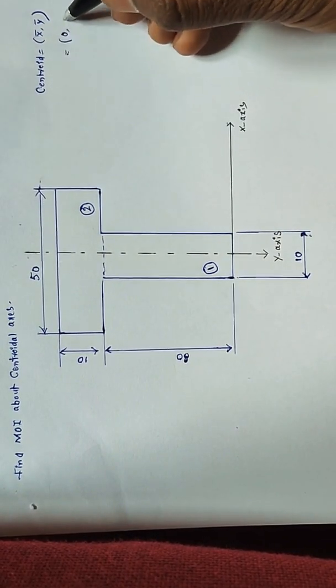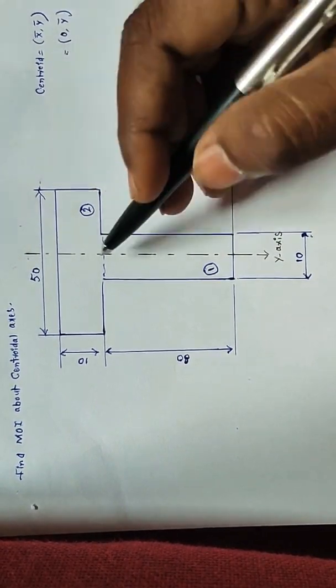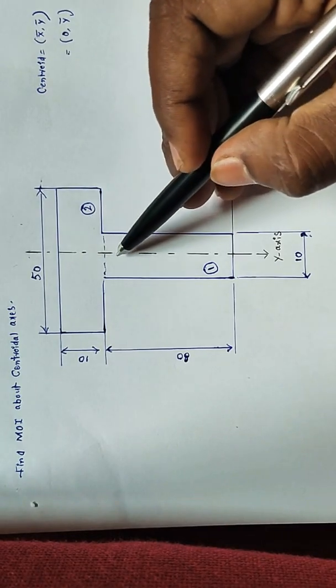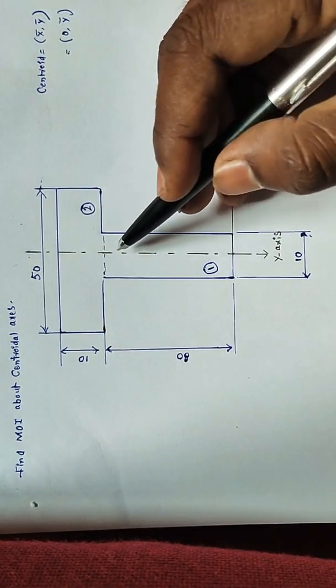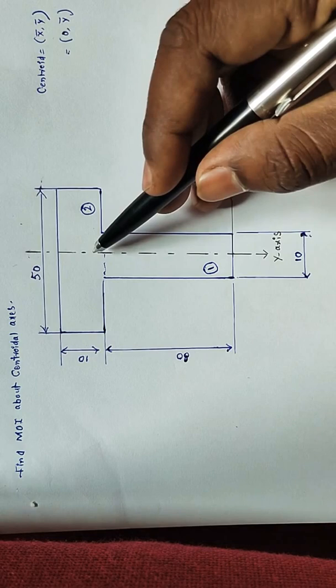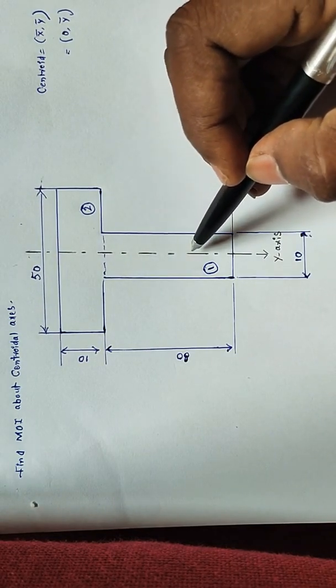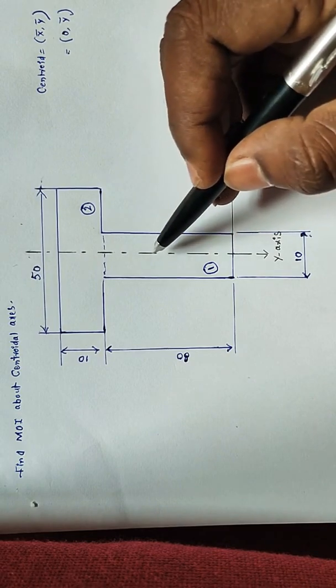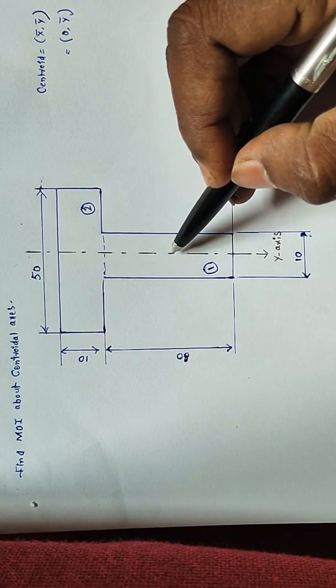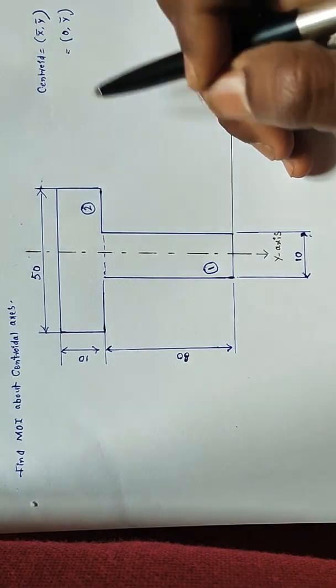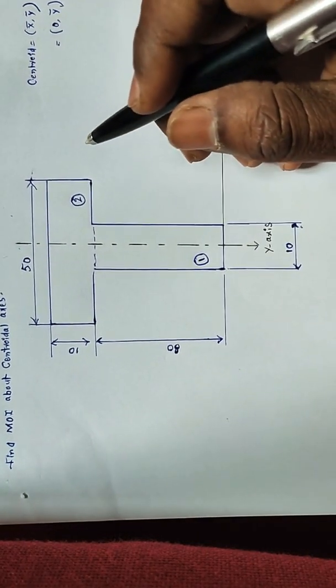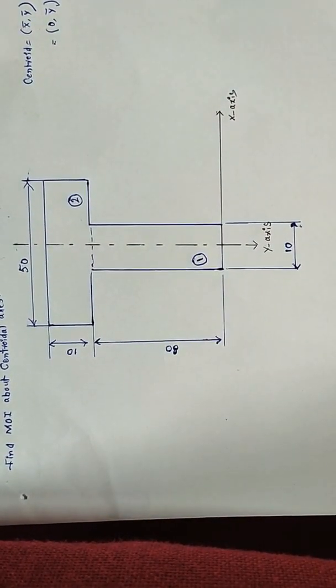So 0 comma y bar, because the centroid lies on this y-axis, and we have to find the exact location of the centroid on this y-axis. If the centroid is lying on the y-axis, x bar is 0. So we have to find y bar.